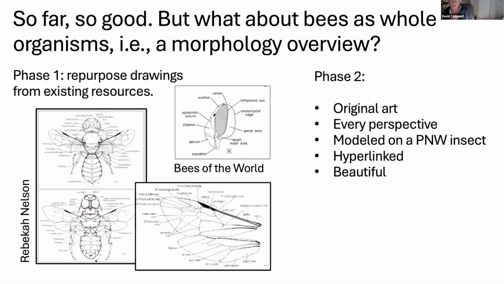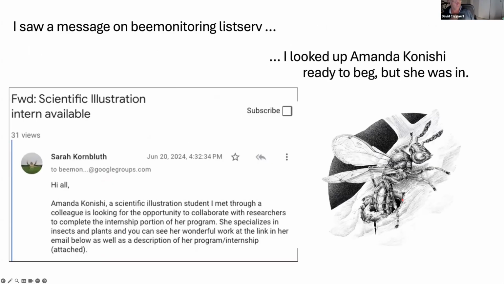I am no artist. So hold on, click here. Then, by fortuitous chance, I saw a message on the bee monitoring listserv, for somebody who was trying to help somebody with an internship she was going to do in scientific illustration, maybe interested in bees. And I said, "Oh, I need this person."